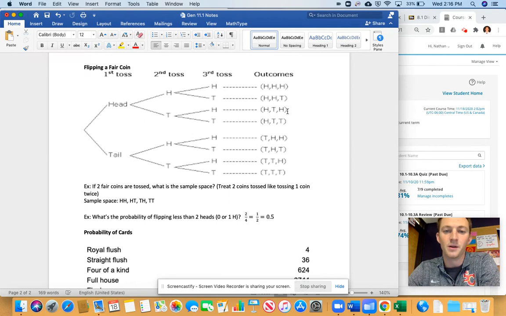Nope, nope, nope. Yep, that one only has 1 H, so there's 1. Nope, there's 1 H, there's 1 H, there's no H's. So there's 1, 2, 3, 4 outcomes that could be either 0 or 1 heads. So 4 over 8 or 2 over 4 or 1 over 2, which is 0.5.